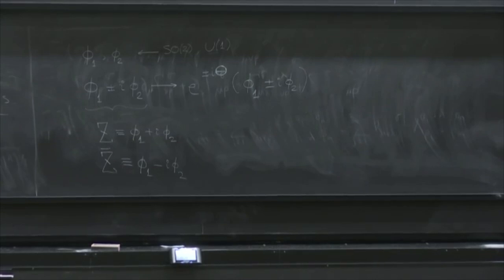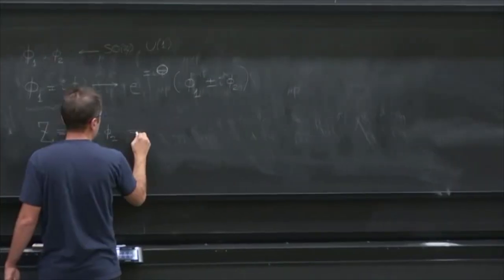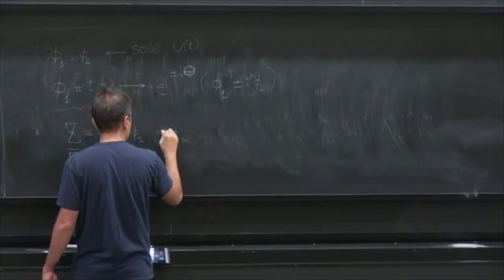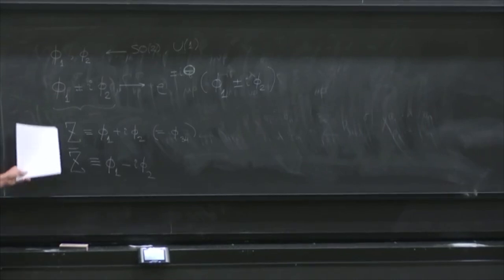We can either use a vector index or we can use two fundamental indices and it's the same thing. If you were to work it out, this would be the 534, I think, with some choice of sigma matrices to convert one to the other. But fine, so we have this definition of Z and Z bar.